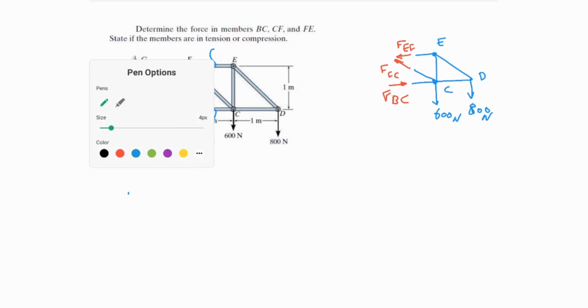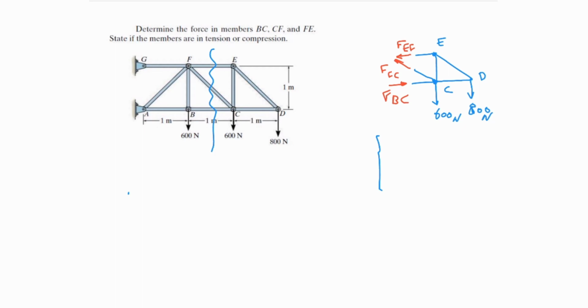The main idea here is that we have three unknowns and we can use our three equations, but where to get a start is the question. For example, we start from sigma of x equal to 0, sigma of y equal to 0, and sigma around any point equal to 0. The idea here is that we need to get a start with sigma m.